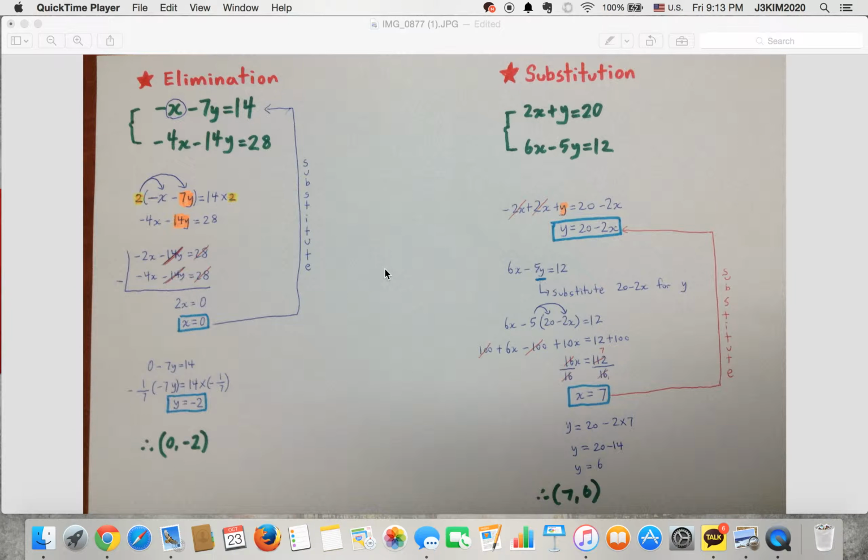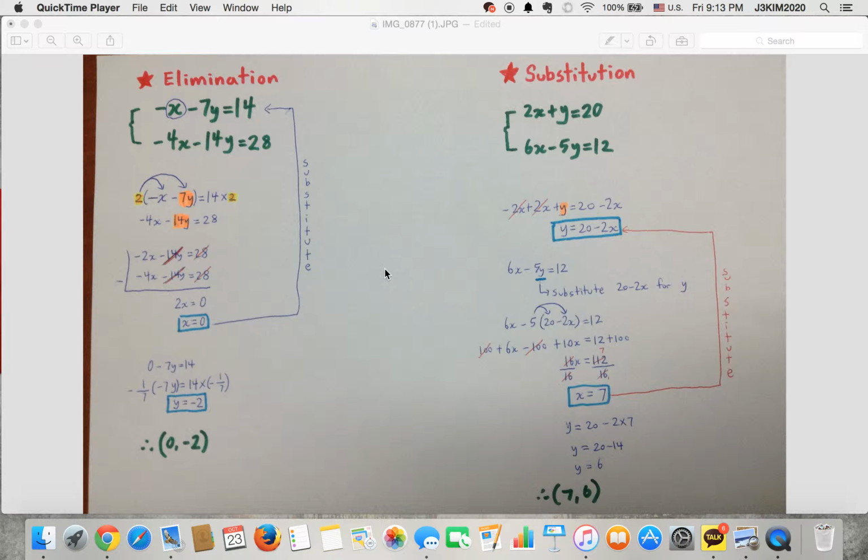And after the substitution is done, I've gotten minus 7y equals 14, and I've divided this by minus 7 and got y equals minus 2. Therefore, the solution to this set of equations is x equals 0 and y equals minus 2.